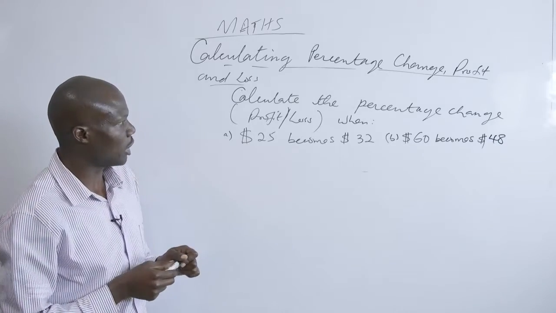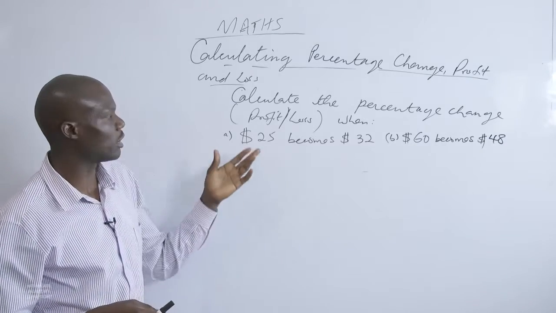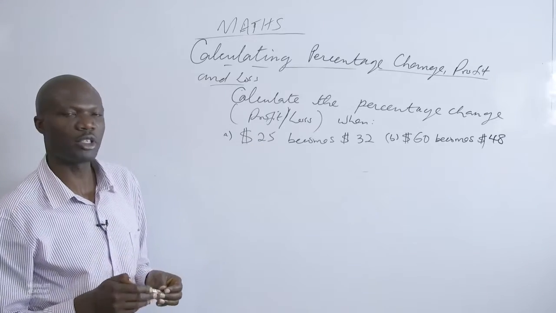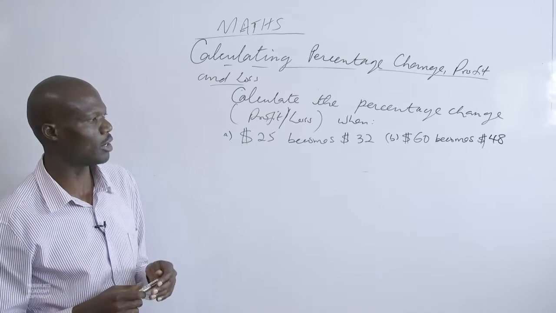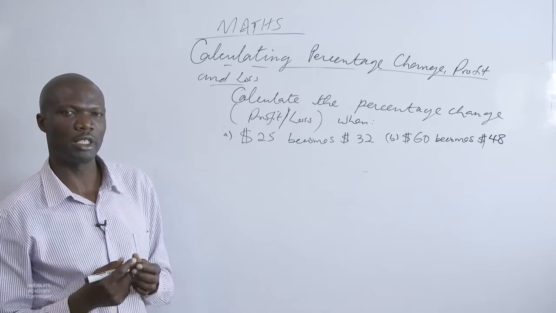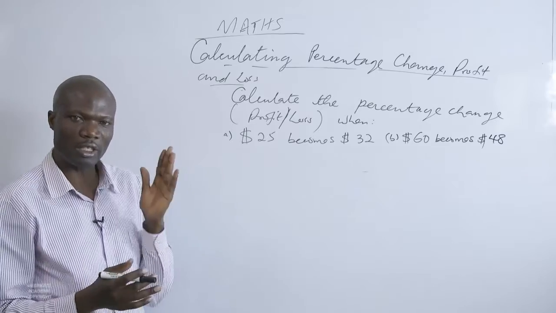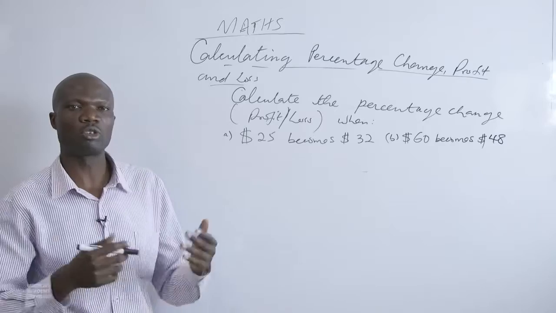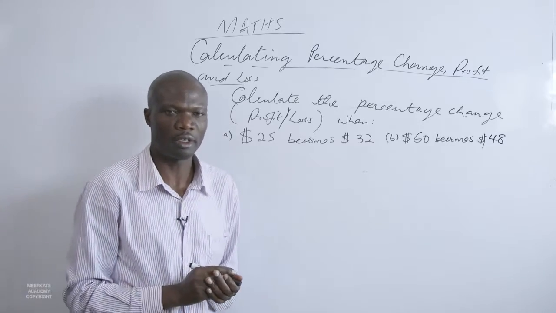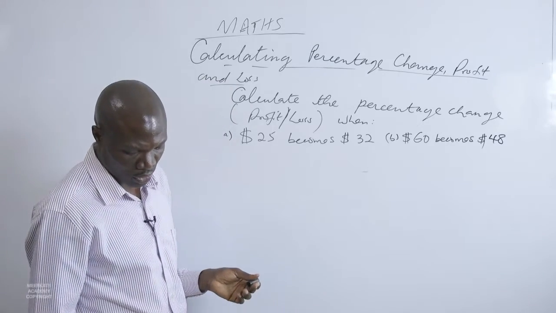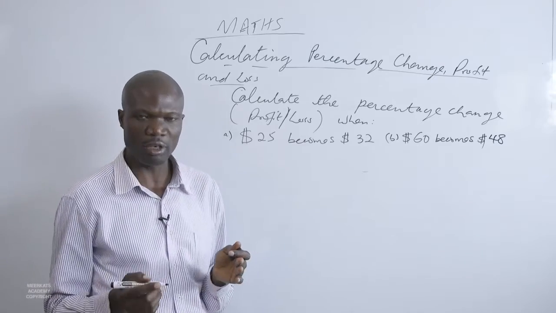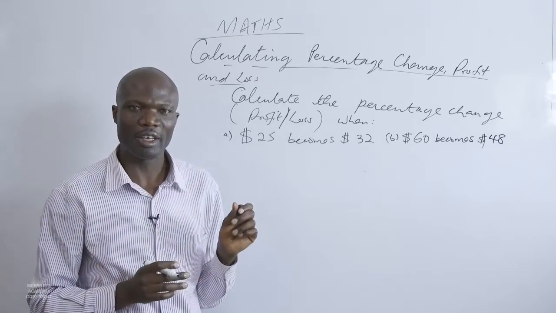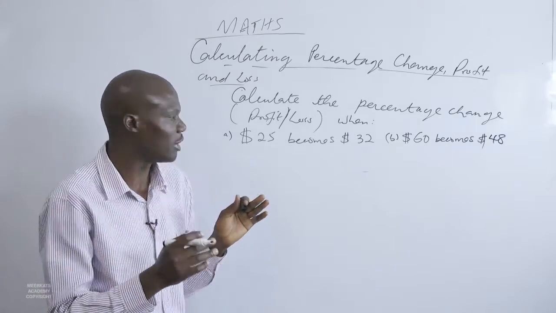So we are asked to calculate the percentage change, that is profit or loss, when $25 becomes $32 and when $60 becomes $48. So we shall start with the first one. They are asking for percentage change, where the change could be either profit or loss. If there is a gain, we shall call the change a profit.